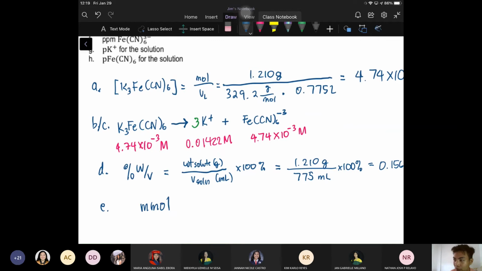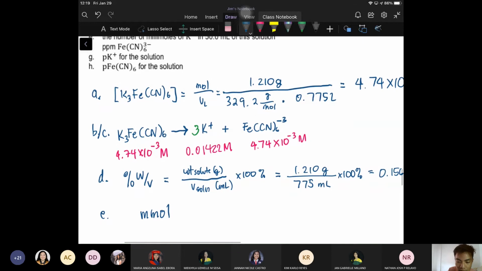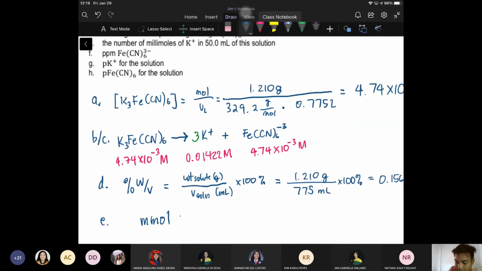Okay? Huwag niyo sobrahan ng isang letter. Bad yun. Okay, so mmol. So that's millimole, no? So ito yung mole, yung small m dun sa left side, yun yung milli. Okay, so that's millimole. So ganyan. So that's the symbol for millimole. So we are asked what is the millimole of K+ in 50 ml solution.